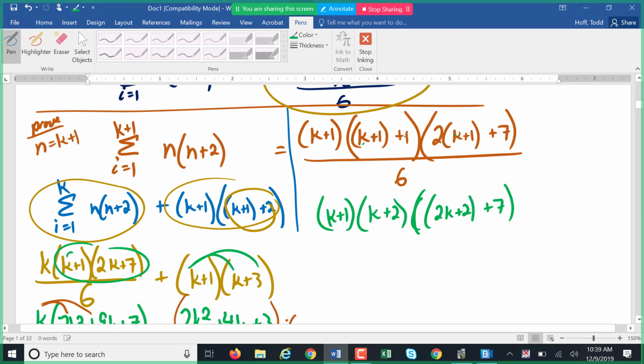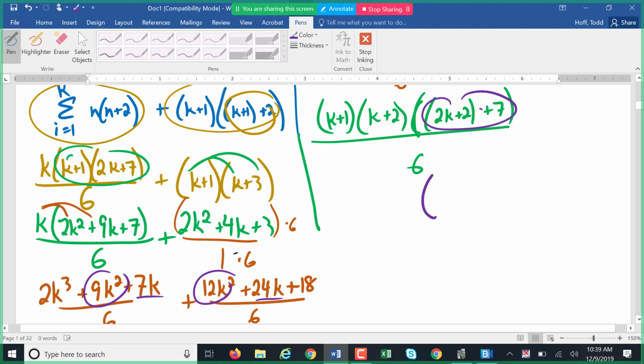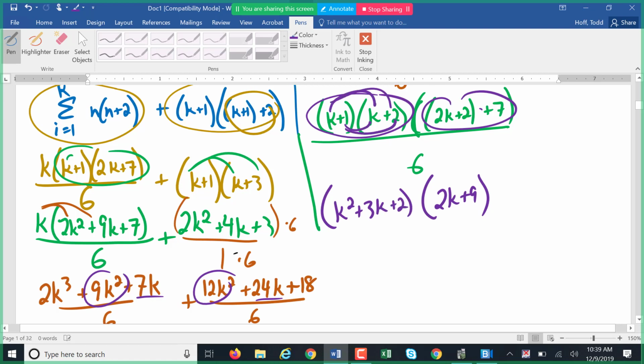But I still have a plus 7 in there yet, and this is still all over 6. So I'm going to do 2 steps at a time here. First, I'm going to add that 7 there, so that becomes 2k plus 9. And then I'm going to FOIL this out. That becomes k squared plus 3k plus 2. That's just doing k times k, 2 times k, 1 times k, and 1 times 2, all over 6.